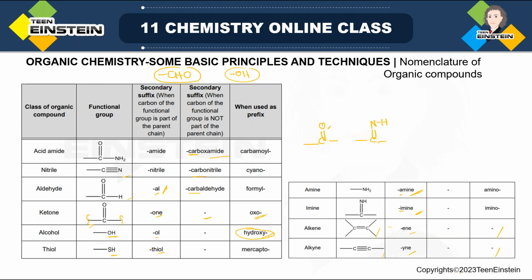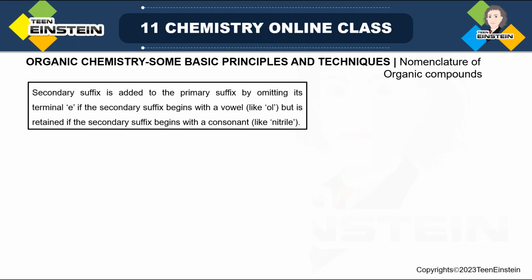Okay. So the secondary suffix will be added to the primary suffix. Remember the primary suffix, when it is saturated, it is "an". When it is unsaturated, it is either "en" or "yne".